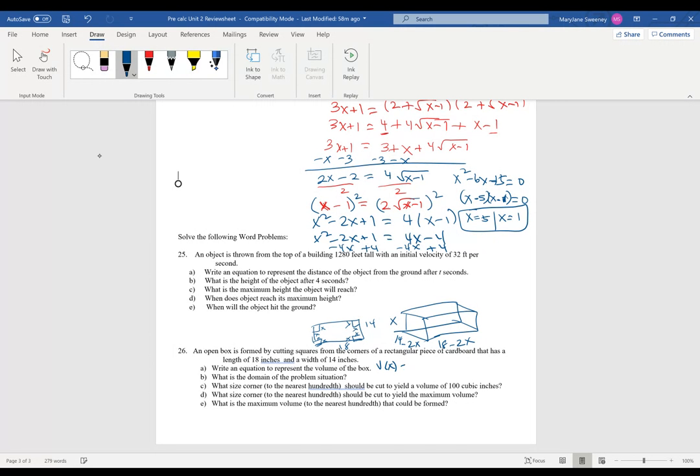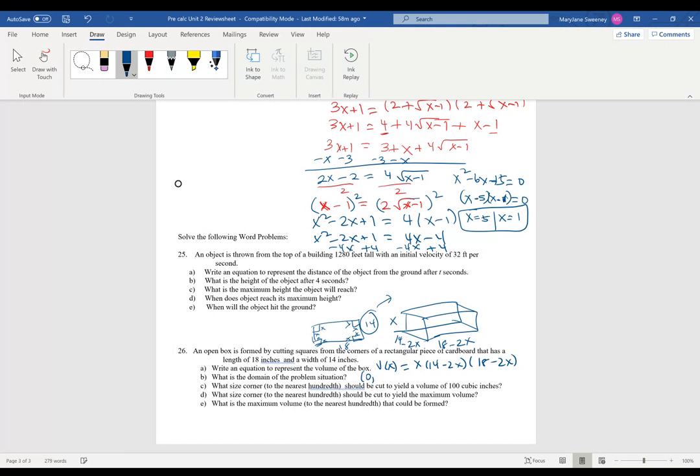So an equation that represents the volume is x times 14 minus 2x times 18 minus 2x. Those can really be in any order because multiplication is commutative. The domain of the problem is always between 0 and half the shortest side of the cardboard, which is 14.